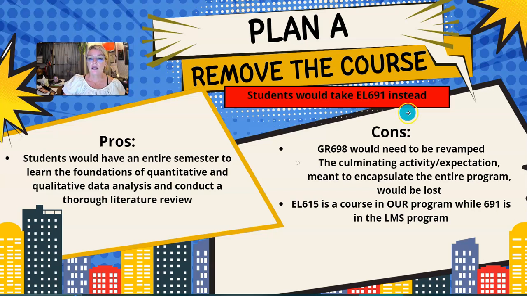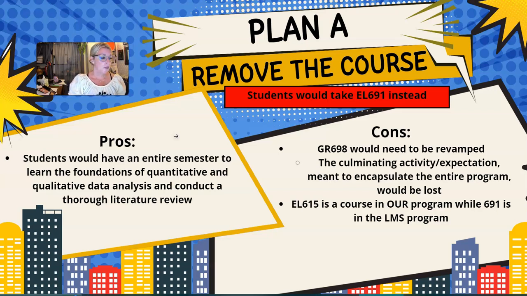The students would take EL, I think it's EL, it might be GR, 691 instead. All right, so what are the pros of that? The students would have an entire semester to really take a deep dive into what research is, not just action research, but different types of research. So they're learning what research is, basically.